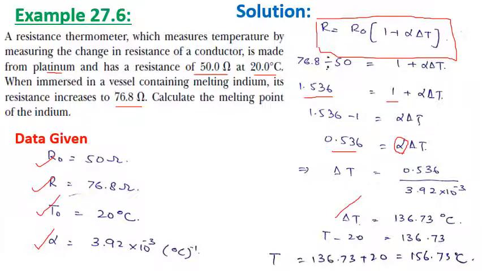136.73. I'll add this 20 on the right hand side, so I'll get T equals 156.73, which is approximately 157 degrees Celsius. So this is a simple problem again.